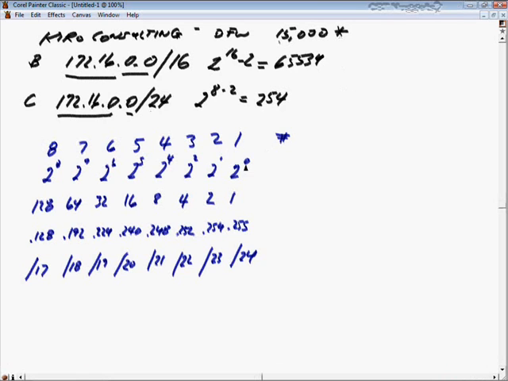This is the power: 2 to the 0 power, 2 to the 1 power, 2 to the 2, 3, 4, 5, 6, 7. 2 to the 7th power. 2 to the 0 power is 1, 2 to the first power is 2, 2 to the second power is 4, 2 to the third power is 8, 2 to the fourth power is 16. Okay, good. Then these are our subnet masks, and these are our prefixes. Now what we're concerned with here for this organization is this third octet right here.